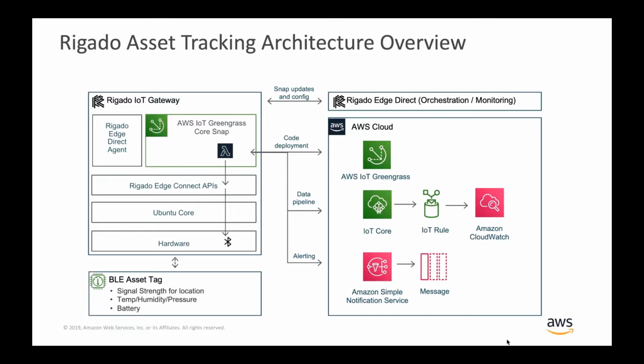So as an example, if you look at our gateway, this larger area of the diagram, there's actually a host of things happening here that are worth understanding. So at a basic level, we have the IoT hardware, which for Rigado means we have a host of low-power wireless radios that will power different IoT solutions. In this particular example, what we're leveraging is Bluetooth or BLE. On top of that, we are running Ubuntu Core.